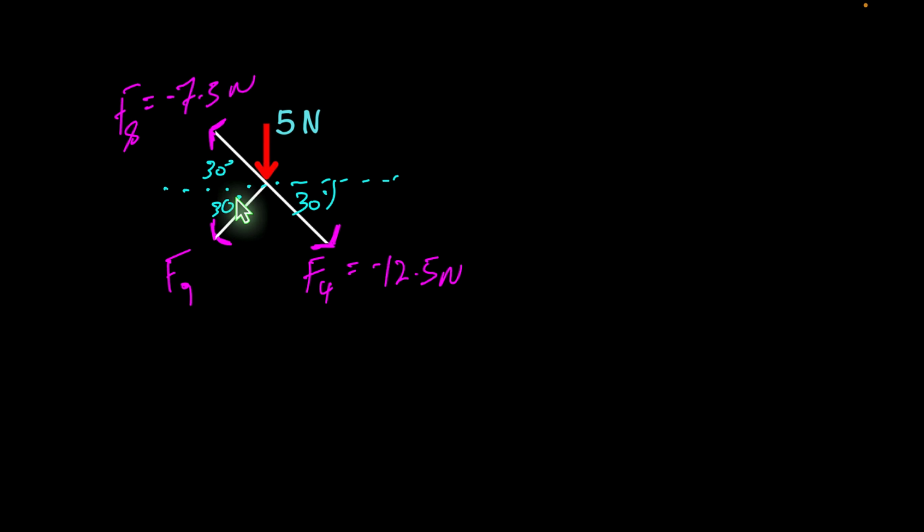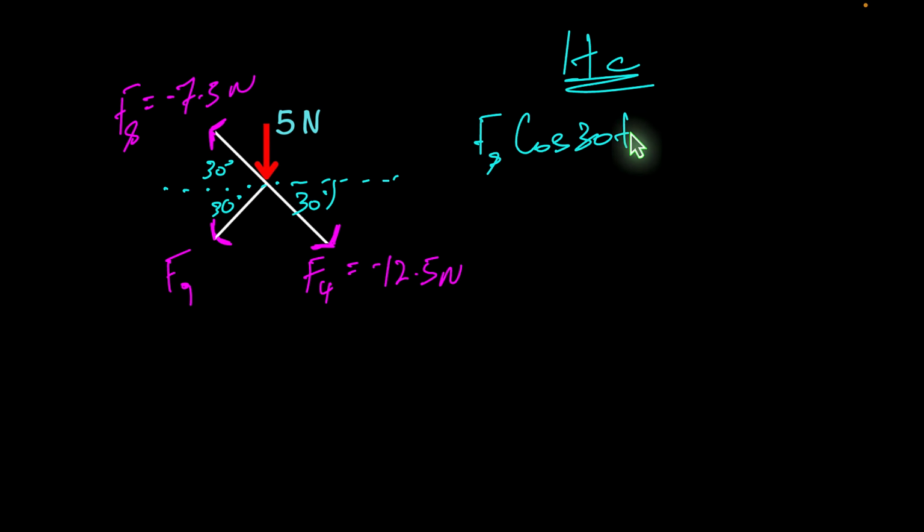So let's work out what we're going to get now for F9. So let's establish our horizontal force components first. And what we have here, let's do what's going to the left. So that will be F8 and cos 30 plus our F9 and cos 30.